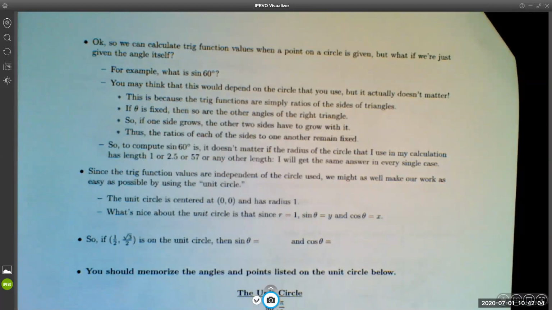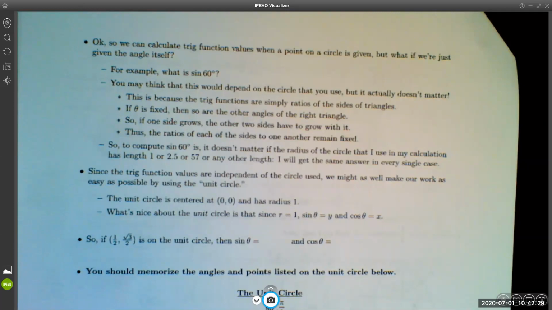You can memorize a bunch of values, but actually deriving what sine of 60 degrees is from scratch is something of an involved process. With 60 degrees we can do it, but with something like 81 degrees, it would be much more difficult.